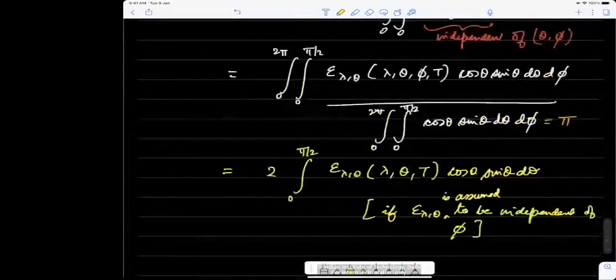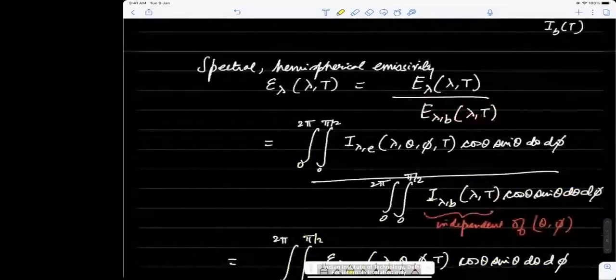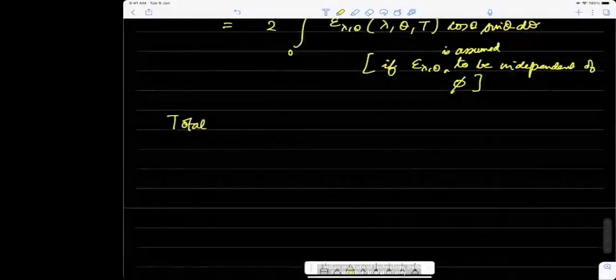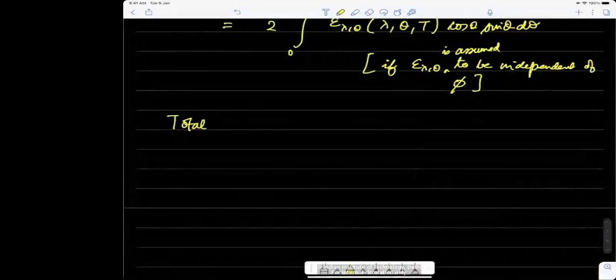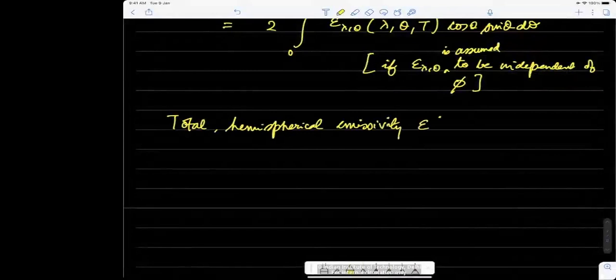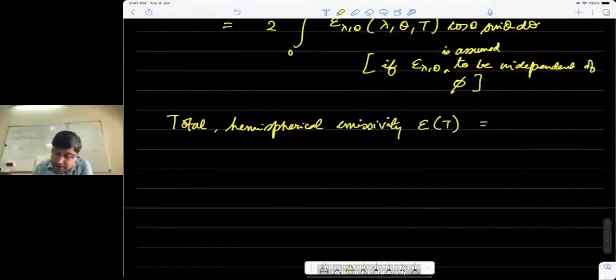Okay, so we've defined the spectral hemispherical emissivity. Now we can define the total emissivity, which is the total hemispherical emissivity. This will be epsilon as a function of temperature only, and it would be the ratio of the total emissive power from a real surface versus the total emissive power from a black body at the same temperature.